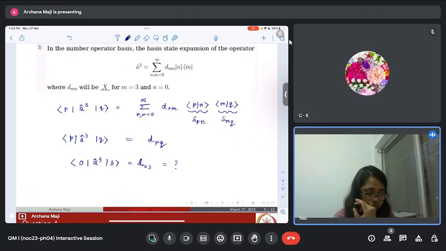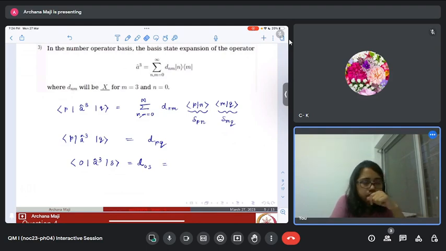So now A acts on, instead of n, it's a 3 particle state. Getting 0, madam? It's 0? I don't think it's 0. No, it's not 0.